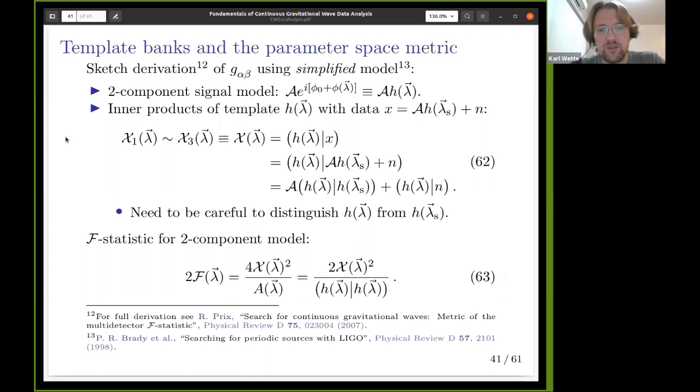On the top we have our inner product with our single template h, which I'm just going to call X, and that's normalized on the bottom by what used to be our inner product A, if you remember from the matrix M. But you can basically take equation 63 as the simplified version of this statistic for just this simple sinusoidal model.